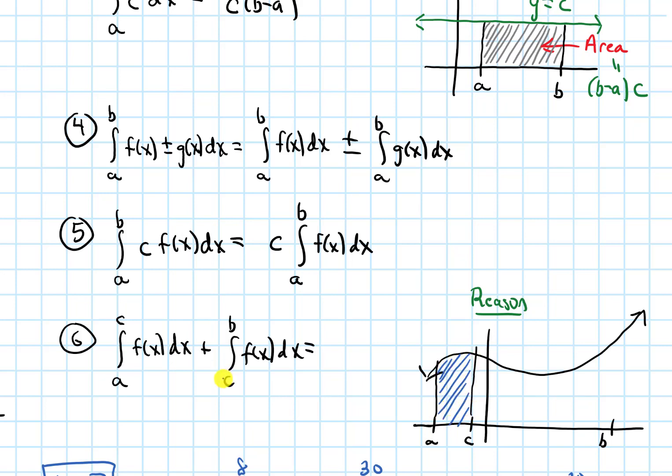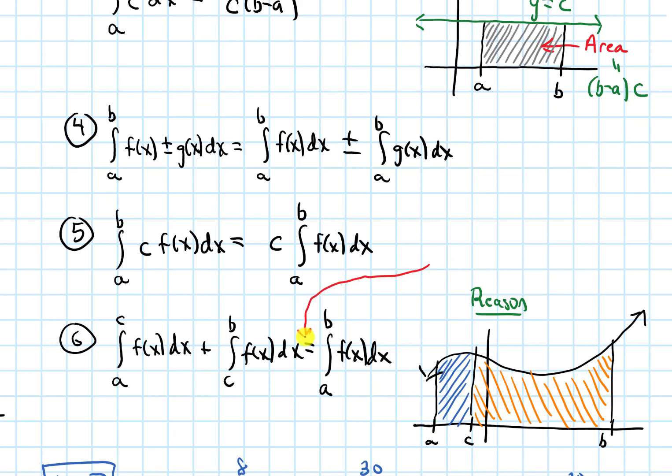My second integral is from c to b, so let's shade that in a different color. C to b, that would be something like this. That would be all of this area. So if we were to add up those two areas together, that just gives us the whole area from a to b. So I can express that as one integral from a to b of f of x dx.